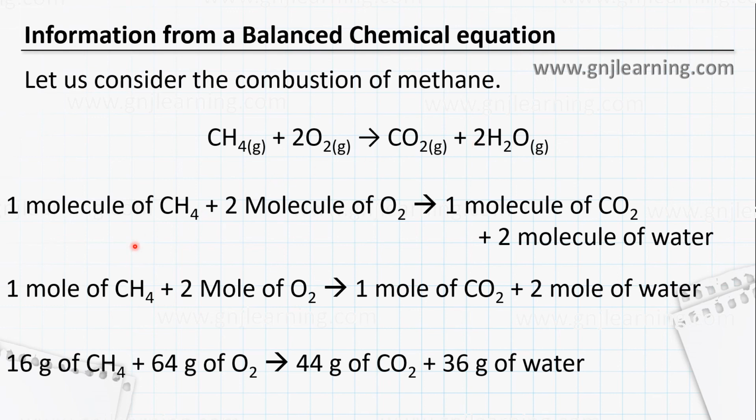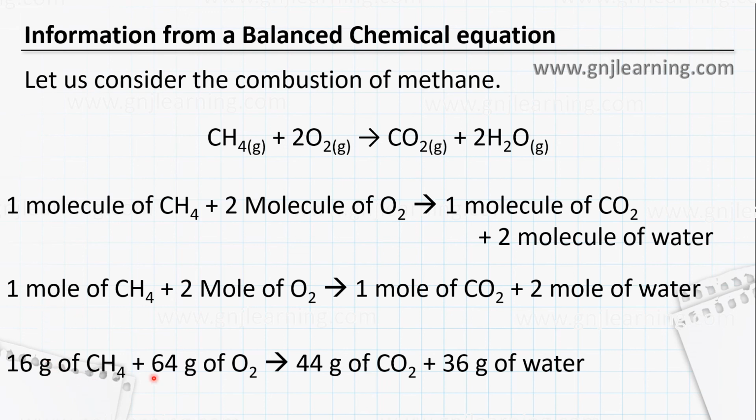So looking into the coefficient, I can easily find out the number of molecules that I will consume and the number of molecules I will get. Also I can calculate the number of moles and molecules using the coefficient. But to calculate the mass, I must know the molar mass.